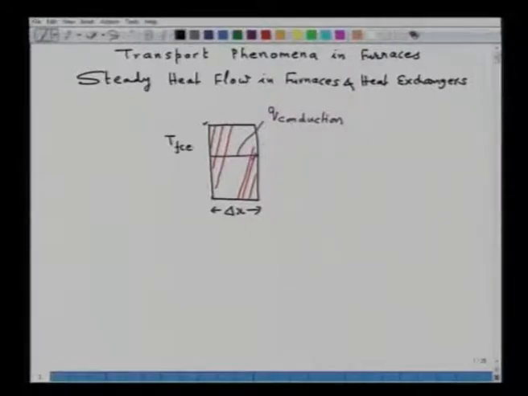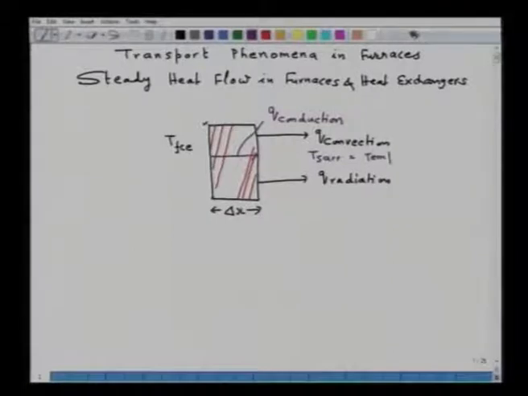Now, this is the wall of the furnace, and from the wall the heat is being lost by mechanisms like convection, as well as by radiation. Now, let us take T surrounding, that is equal to the temperature of surrounding, whereas the surface temperature of the wall, let us take it Ts.